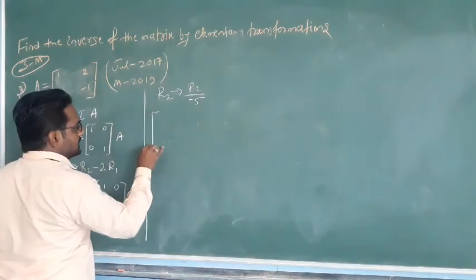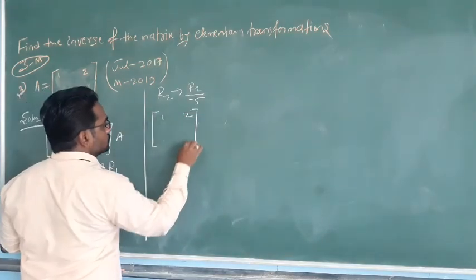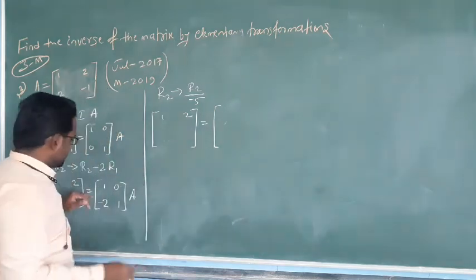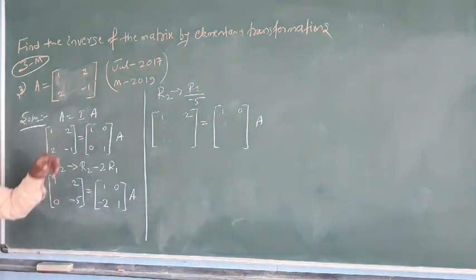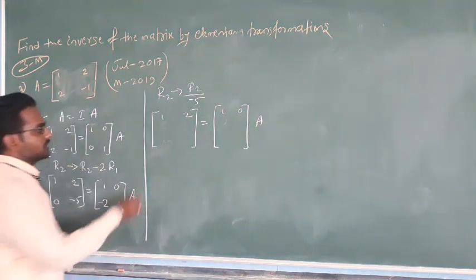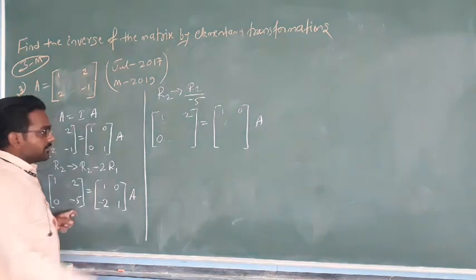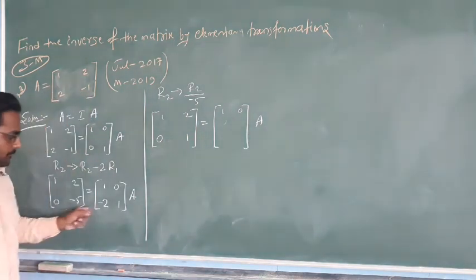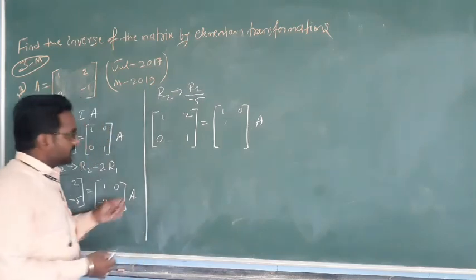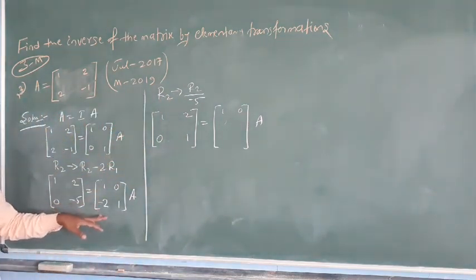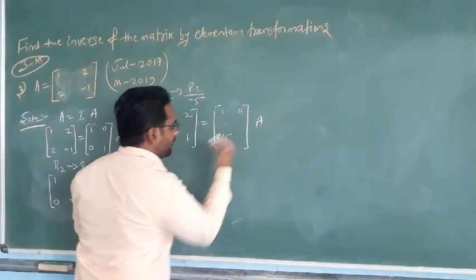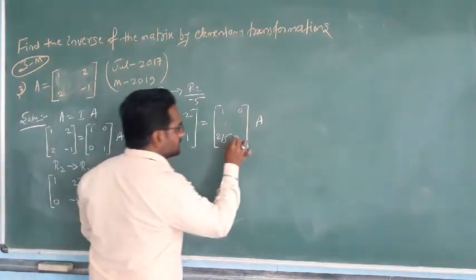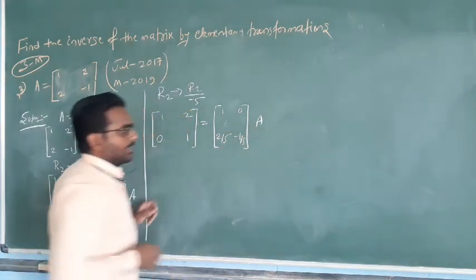So R1 value nothing changes, as it is 1 2 equals the R1 value as it is 1 0 into A. So what is the R2? 0 by minus 5, that is 0. Minus 5 by minus 5, that is 1. Minus 2 by, so same operation, R2 changes to R2 by minus 5, you have to apply on the RHS for this matrix. So minus 2 by minus 5 means 2 by 5. 1 by minus 5 means minus 1 by 5.